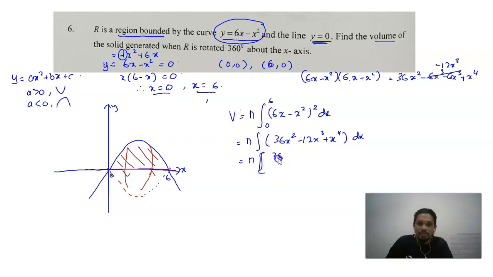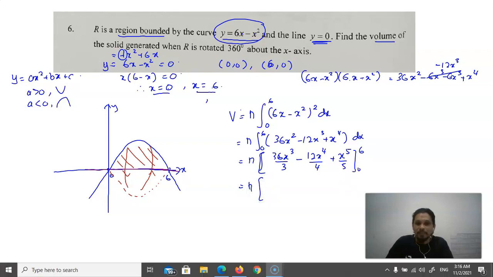So it is 36x cubed divided by 3, minus 12x to the power of 4 divided by 4, plus x to the power of 5 divided by 5, from 0 up to 6, times pi.